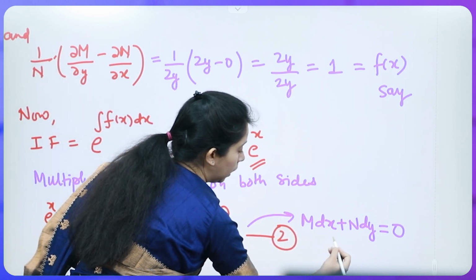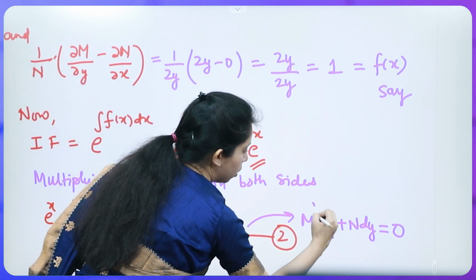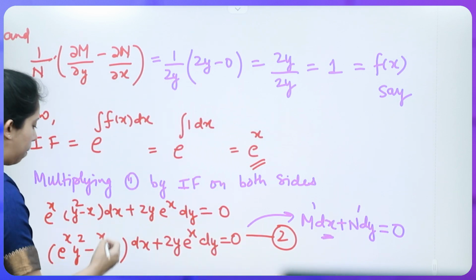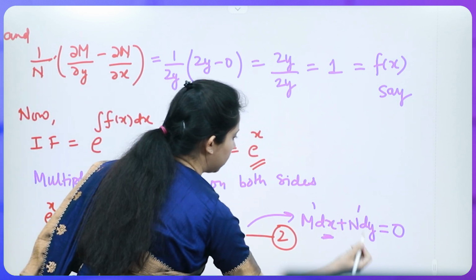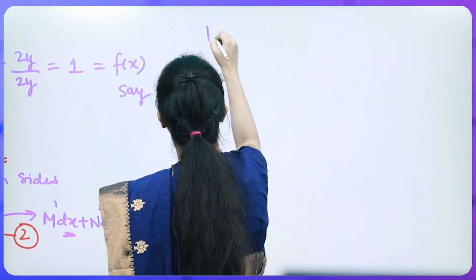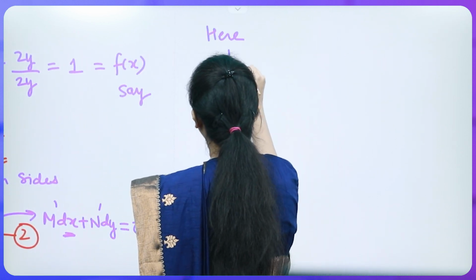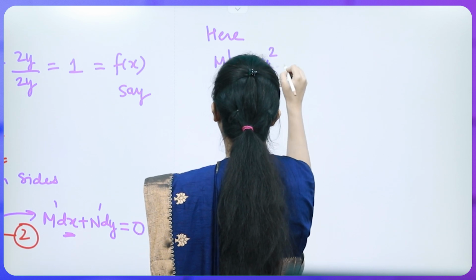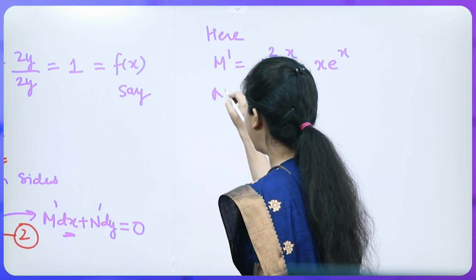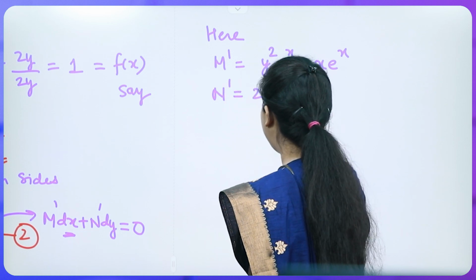As we have already taken the coefficient of dx as M, here we can replace it with M' and N'. So, here M' is how much? M' is y² e^x - x e^x, and N' is 2y e^x.